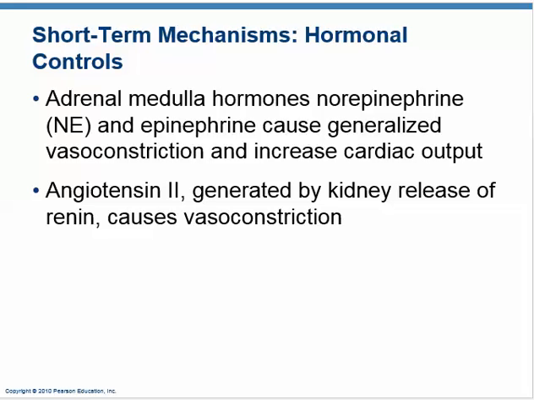When the kidneys release a hormone called renin, it causes a number of chemical reactions that make angiotensinogen become angiotensin II. I don't care about all the steps, but angio means blood vessel, tension means contraction. So it causes vasoconstriction, which increases blood pressure, and this is really regulated by the kidneys.